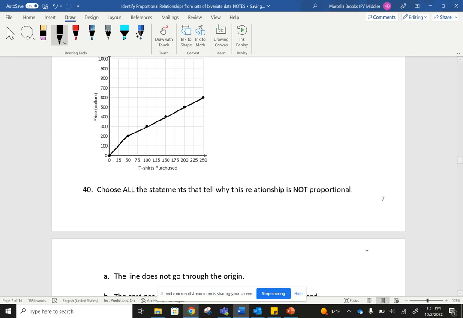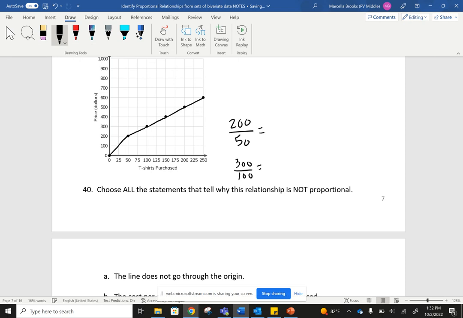We could just make a table here. Sorry, so the answers are flipped on to page 8. It looks like the cost is not the same for each shirt. Because look, we have $200 for 50 shirts, $300 for 100 shirts.